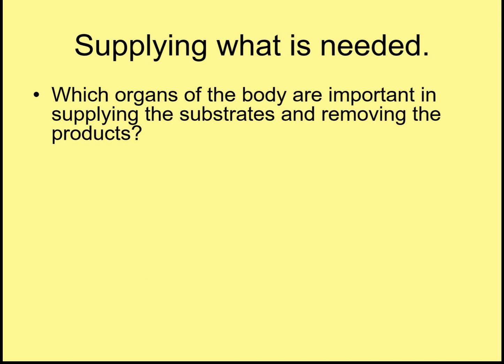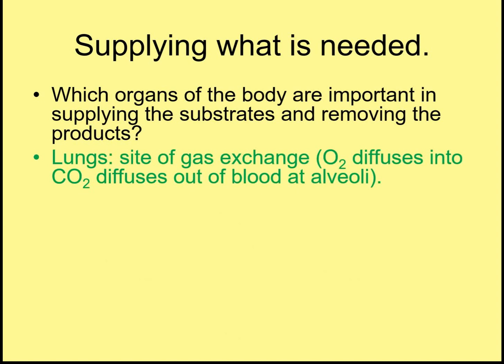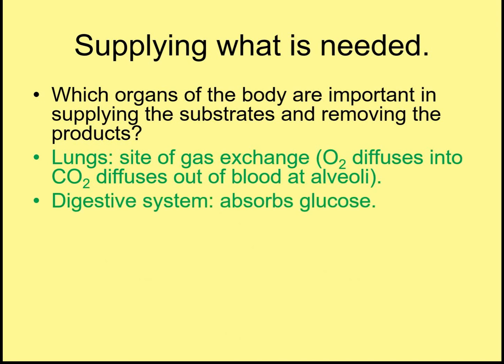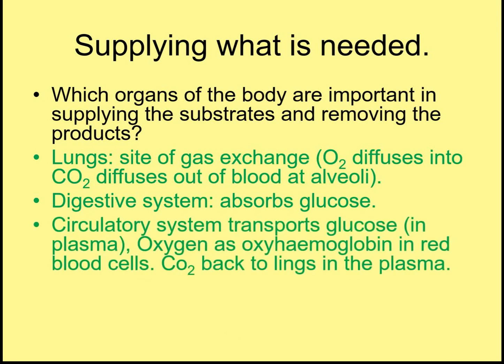Okay, so did you get, well, hopefully you got the lungs are important because they're the site of gas exchange. So oxygen diffusing into the alveoli, CO2 diffusing out of the alveoli. Did you have the digestive system? That's where you absorb the glucose and lipid and other things from your diet once you've digested them, and especially in terms of our formula, glucose is our important molecule. Did you have the circulatory system?